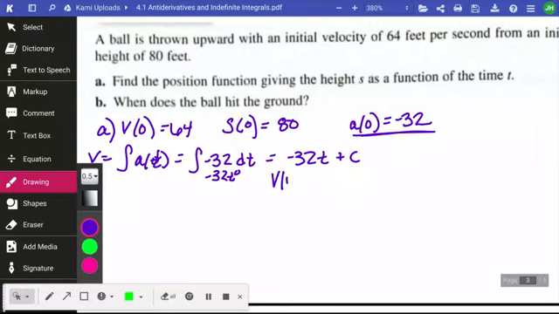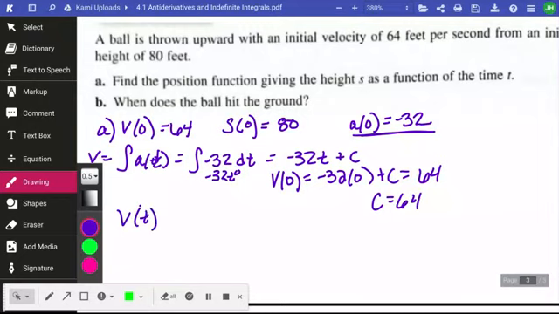So my V of 0 is equal to negative 32 times 0 plus C, and it's equal to 64. So we can solve for C, and C is going to be 64. How nice. So I will rewrite this function. My velocity with respect to time is negative 32t plus 64.